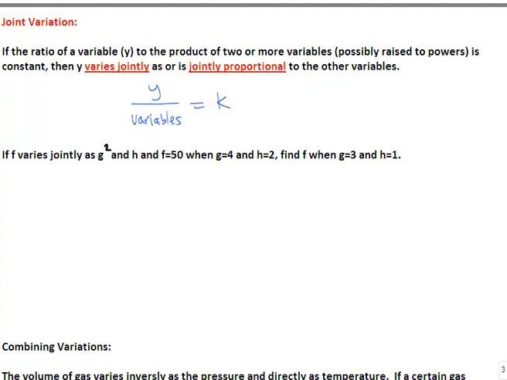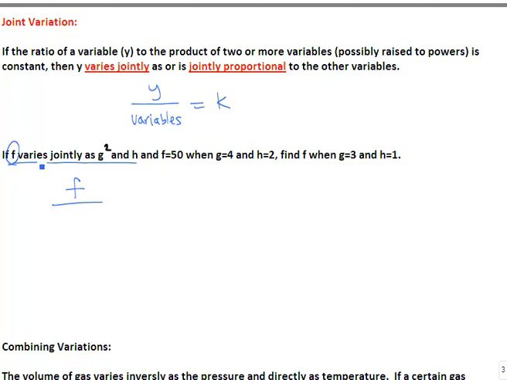Let me give you an example. It says, if f varies jointly as g squared and h, and f equals 50 when g equals 4 and h equals 2, find f when g is 3 and h is 1. So we have f varies jointly as g squared and h. So the first variable is f. That's the one that goes on top.